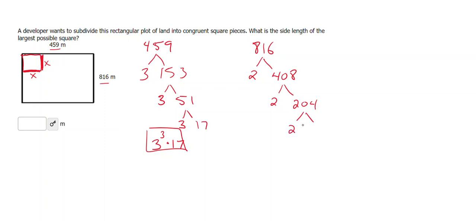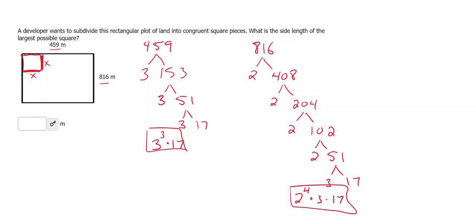So now this would be 102, even number again. So now this one would be 51 and 2. And then we did this one already, right? With 51, you can divide that, and you get 3 and 17. All right, so 816 was really 2 to the power of 4 times 3 times 17.